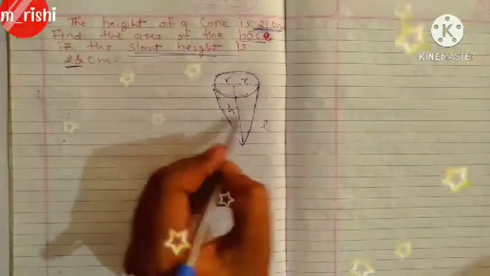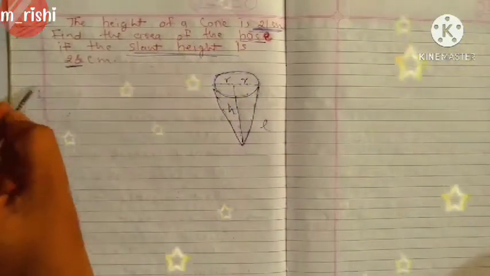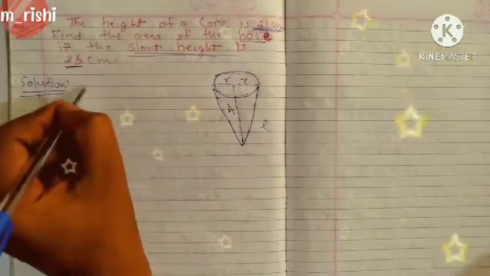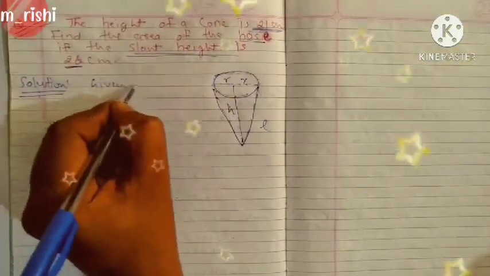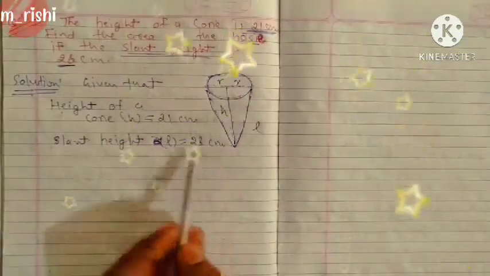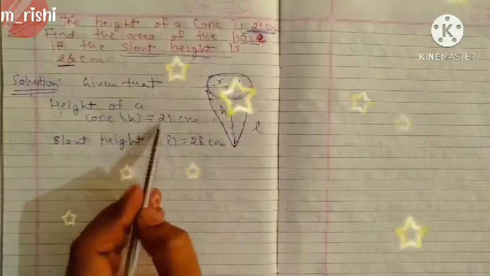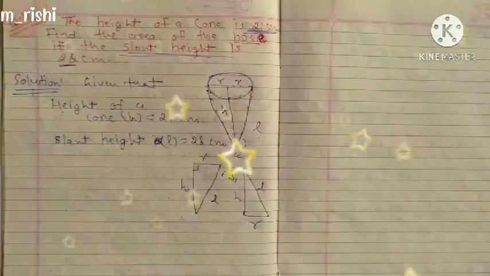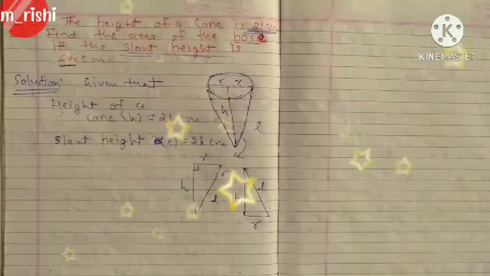For better understanding, you draw the figure. Here given that height of a cone h is 21 centimeter and slant height small l is 28 centimeter.